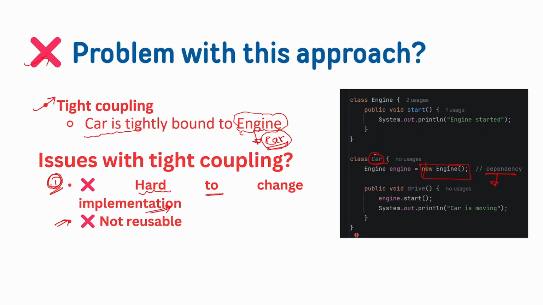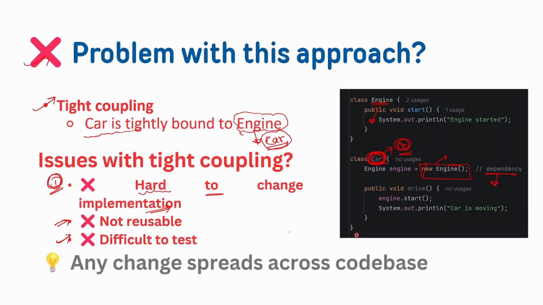Suppose we want to change the Engine to a PetrolEngine, then we need to change the Car class also, and the class is not reusable for different types of engines. It is also very difficult to test. If we make any change in one class, then these changes spread across the code base if there is tight coupling among the classes.